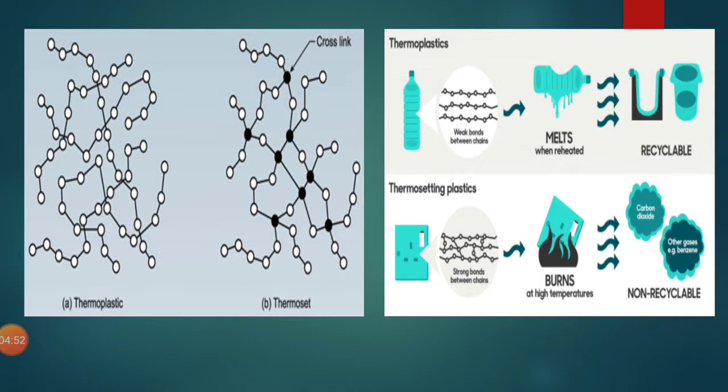As you can see, it says melts when reheated and is recyclable, whereas thermosetting plastics, which is at the bottom, have strong bonds between chains, and when they burn at high temperatures, they cannot be recyclable.